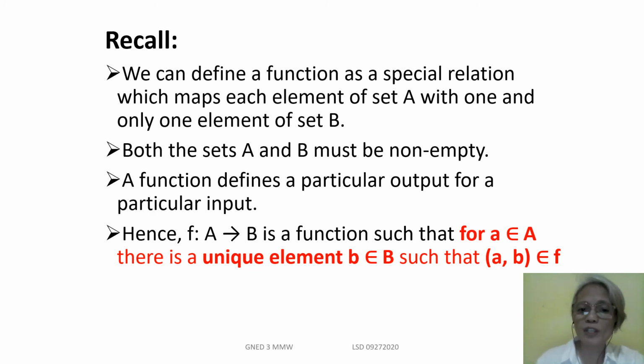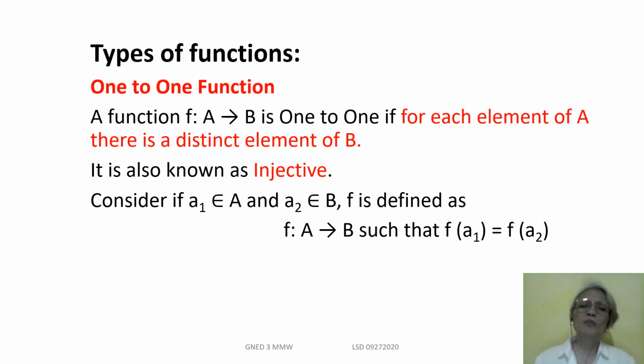Hence, we have this notation: f is a function which brings A to B, such that for every element a in set A, there is a unique element b in set B, such that the ordered pair (a, b) is in f. So that defines a function.